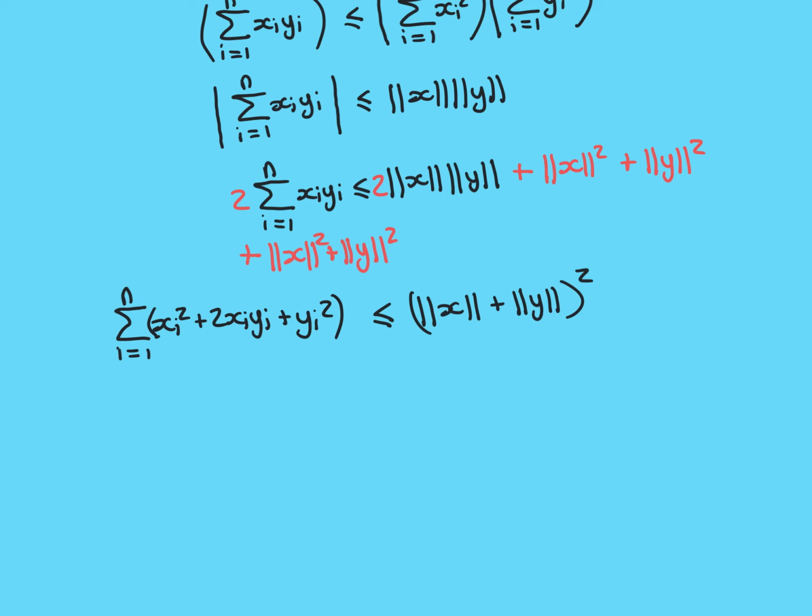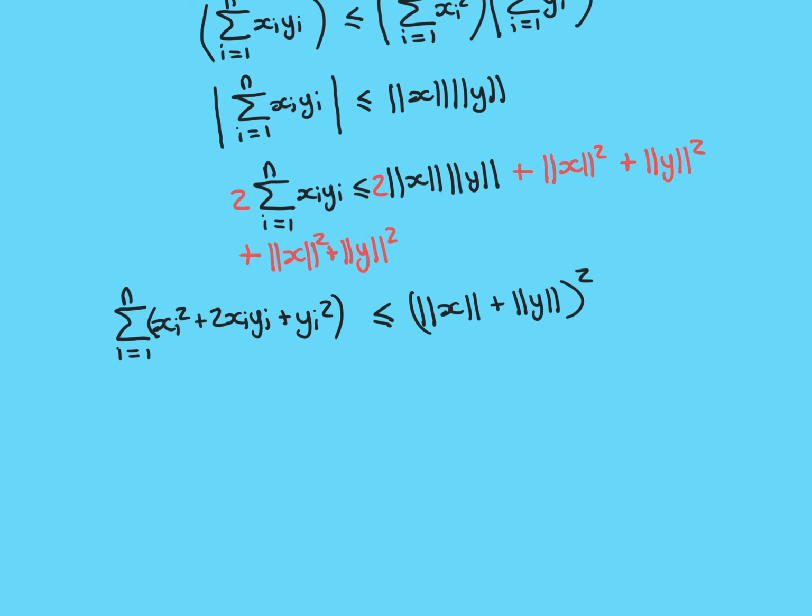Let's start with the right-hand side because it's simpler. Notice that what I've got here now factorizes quite nicely, into the norm of x plus the norm of y, squared. If you expanded this, you get the norm of x squared, which is this, you get the norm of y squared, which is this, and then you get the cross terms, which is 2 times the norm of x times the norm of y.